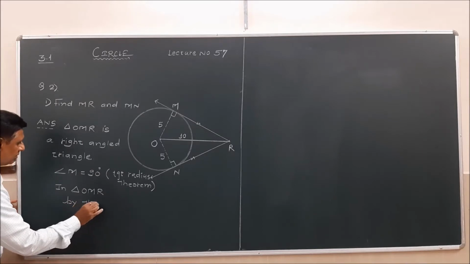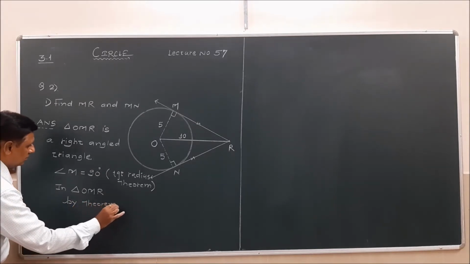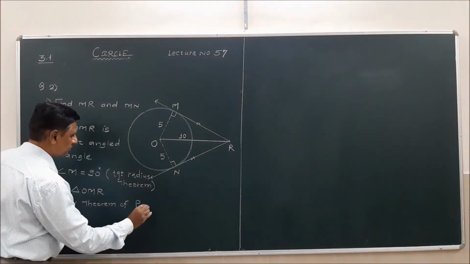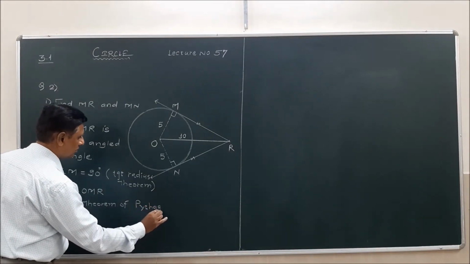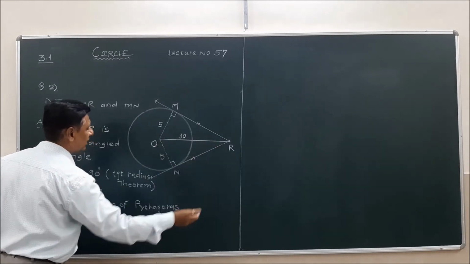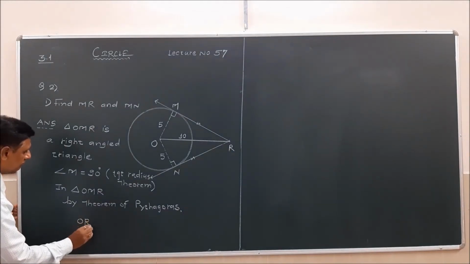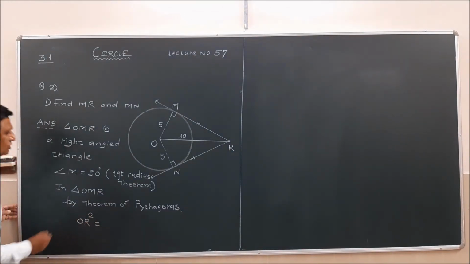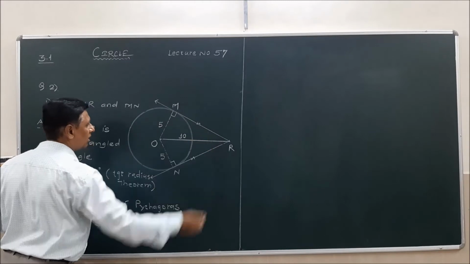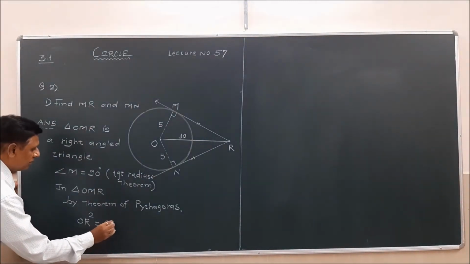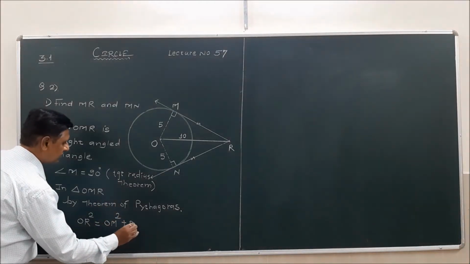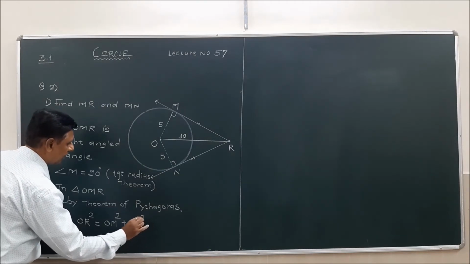By theorem of Pythagoras, OR square is equal to OM square plus MR square.